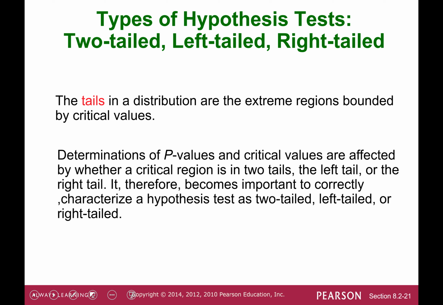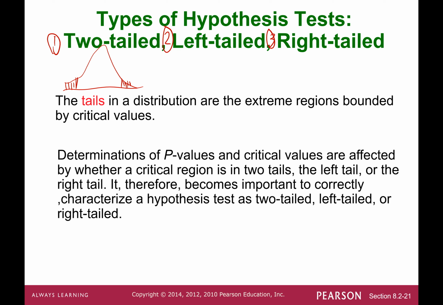And we have three types of tests. We have two-tail, left tail and right tail. Two-tail means, on the bell curve, both the left and right tails are the rejection region, the critical region.